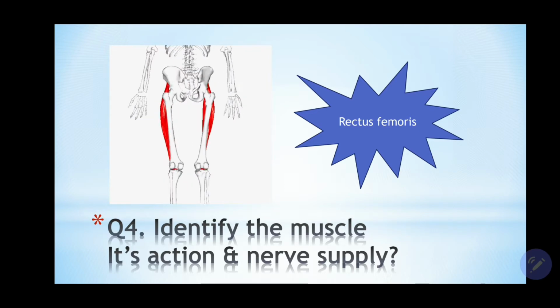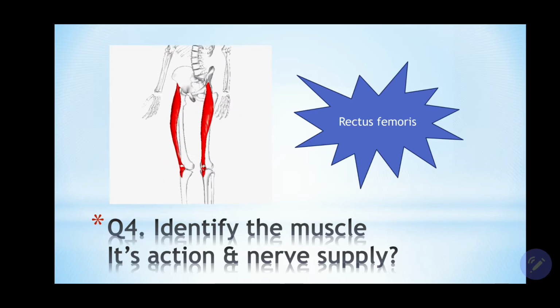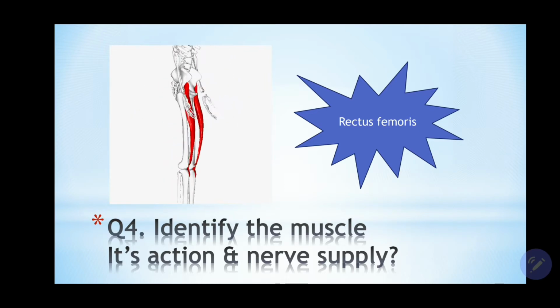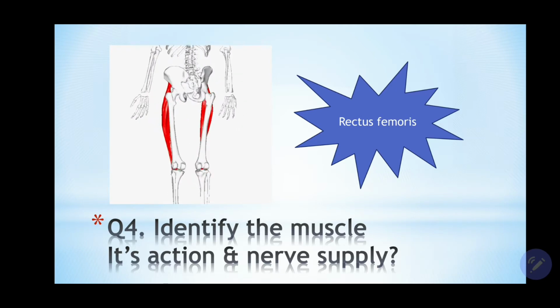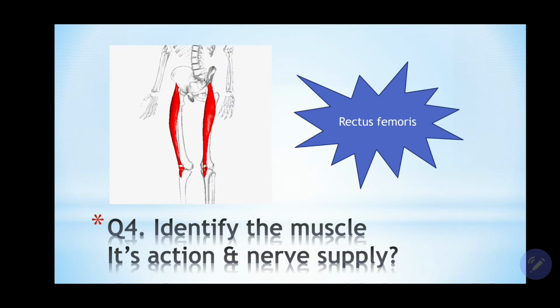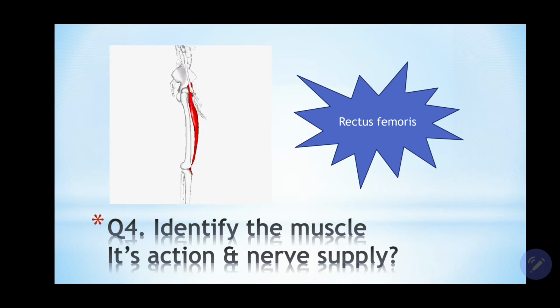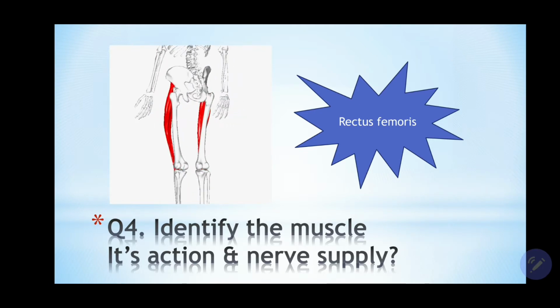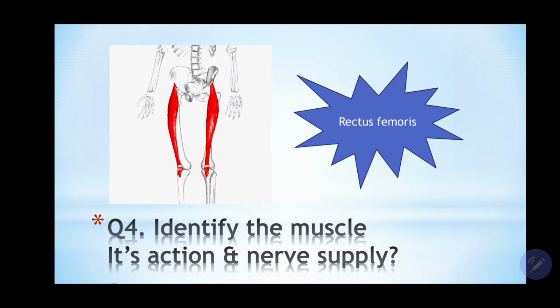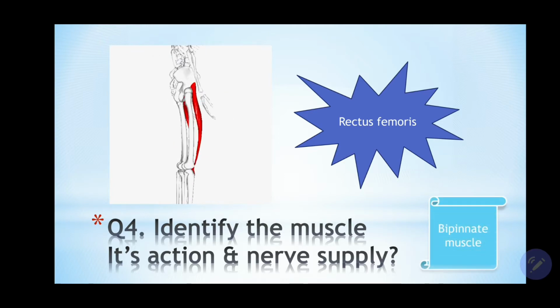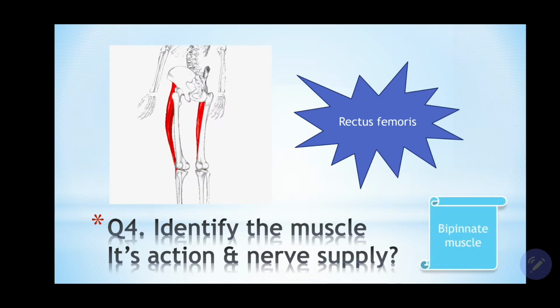The nerve supply for the front of the thigh is the femoral nerve, so that will supply this muscle also. One other important point is the nerve to rectus femoris will also supply the hip joint. So this is a bipinnate muscle, remember this.